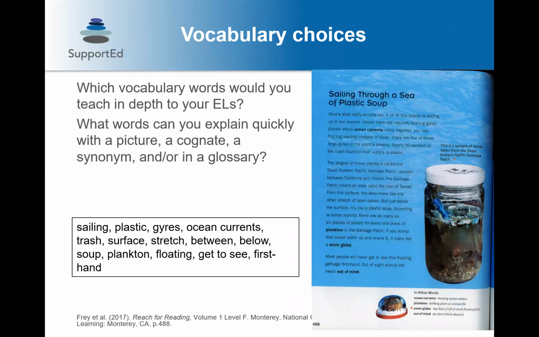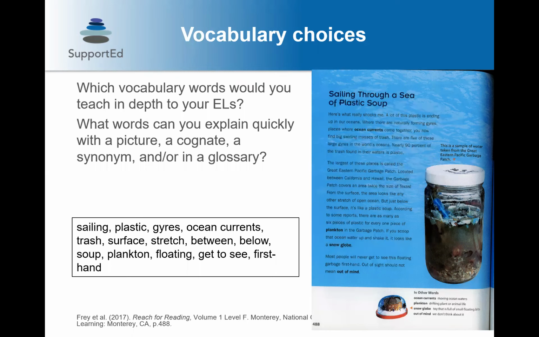All right, so when it comes time to it, according to this research and a lot of other research, we need to pick a small group of vocabulary words that we're going to teach in depth for our ELs. And recycle, give them multiple opportunities to be exposed to and to use, using all 4 modalities, these keywords.